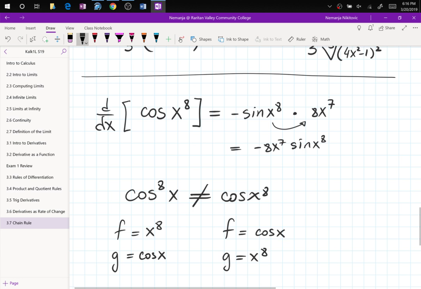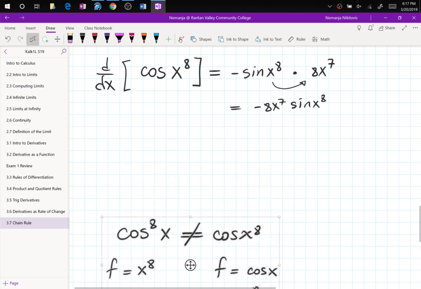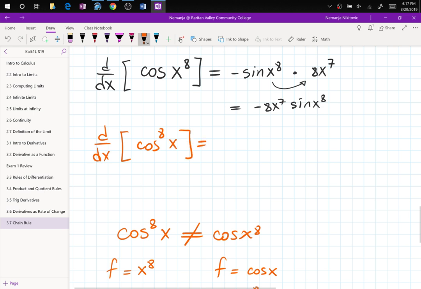Now, I immediately want to contrast this with a problem in orange, the derivative of cosine to the 8x, which would be 8 cosine to the 7x times negative sine x, for a total of negative 8 sine x cosine to the 7x.